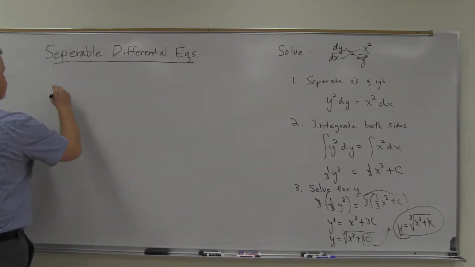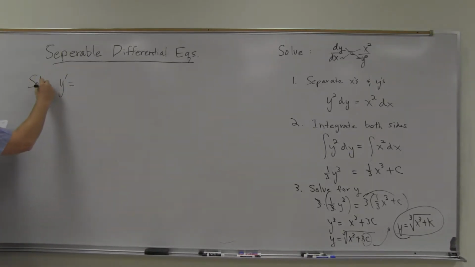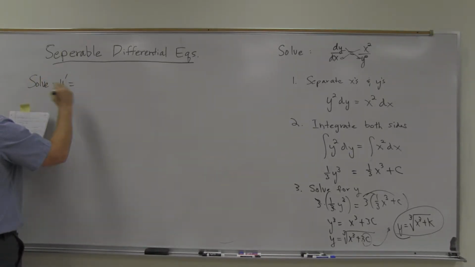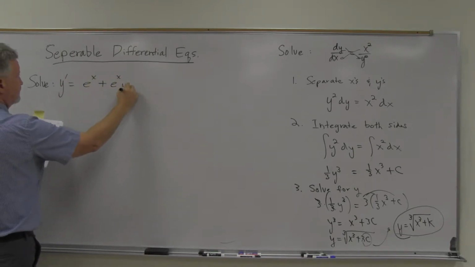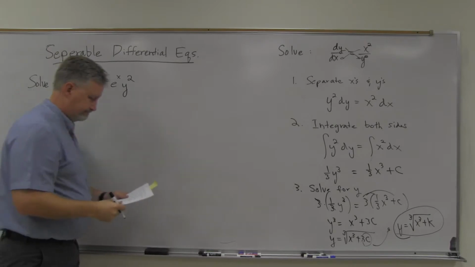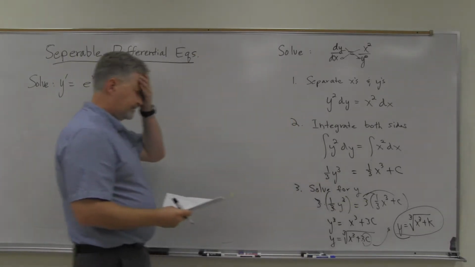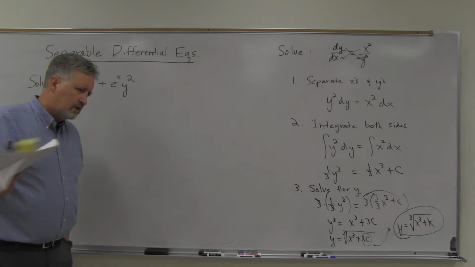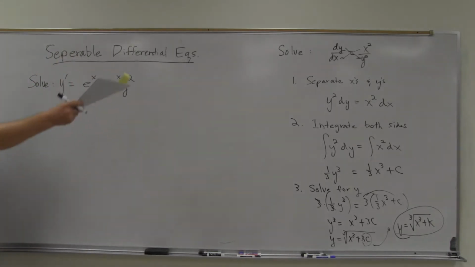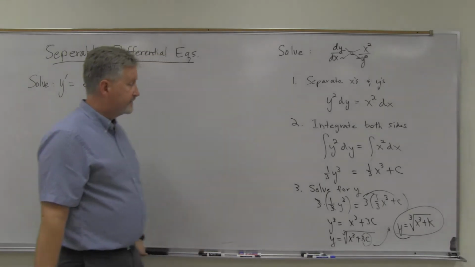Y prime equals e to the x plus e to the x y squared. We're going to solve this differential equation. Some of them, like that one, are easier than others to tell they are separable.